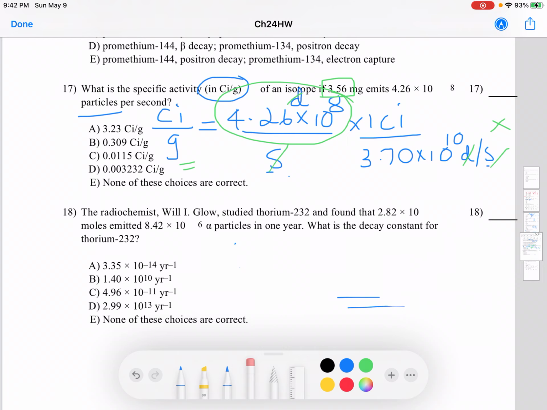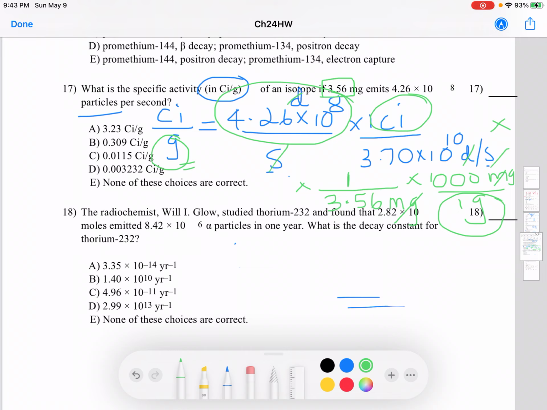And the continuation times, this much disintegration is happening per 3.56 milligrams. I just put 1 as the numerator here. And we want to convert it to grams. So we know 1000 milligrams equals 1 gram. So milligram cancels. So in our numerator you would end up having Curie, and in the denominator you will end up with grams.